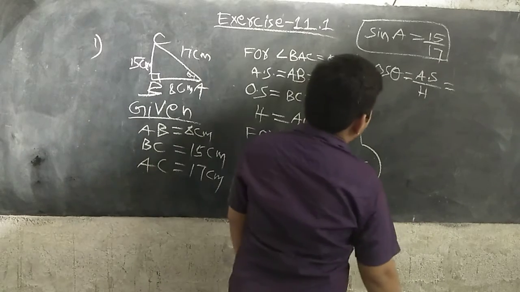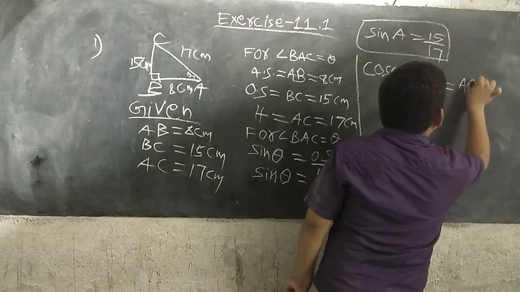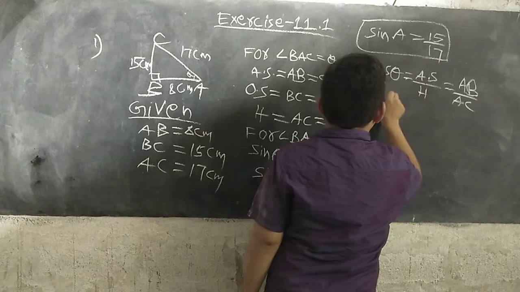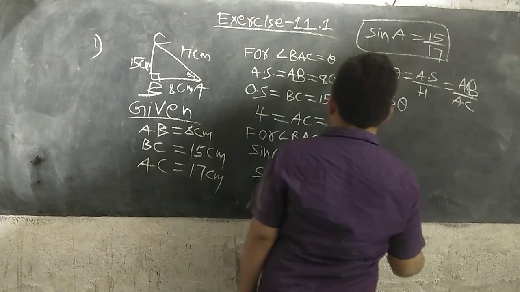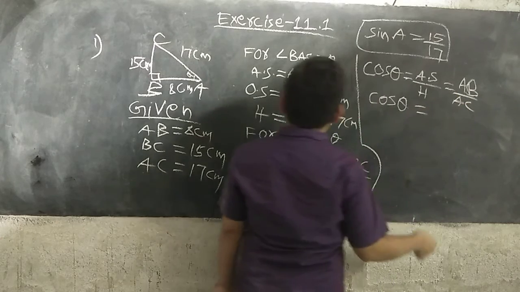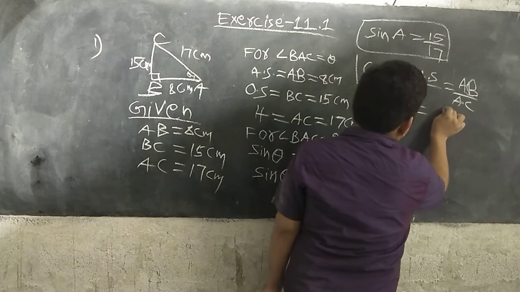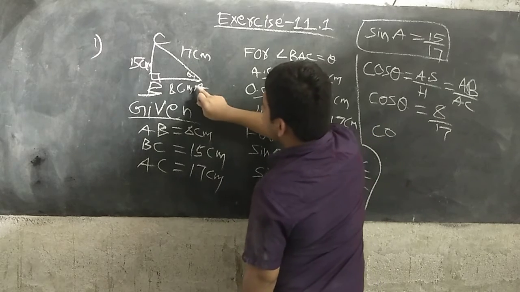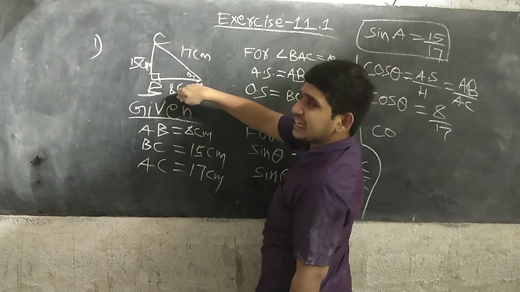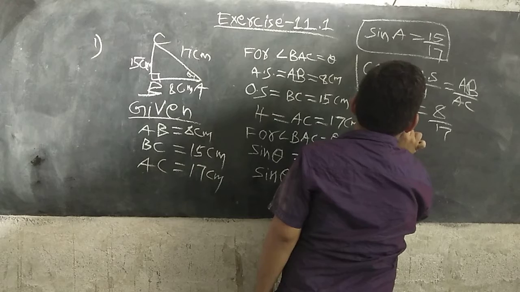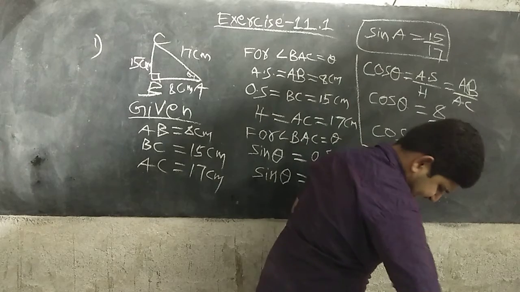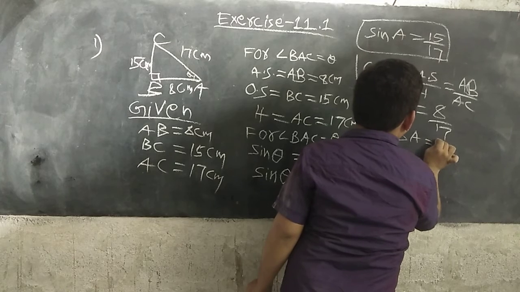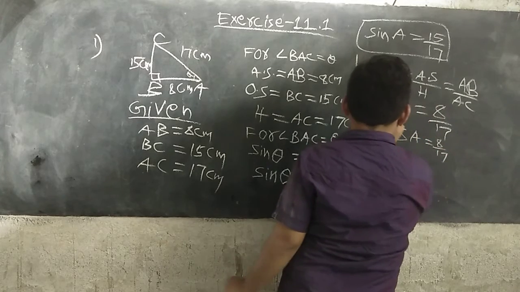AB, so AB by AC, which is 8 by 17. At point A, angle theta is located, therefore cos A equal to 8 by 17. Now this is cos A.